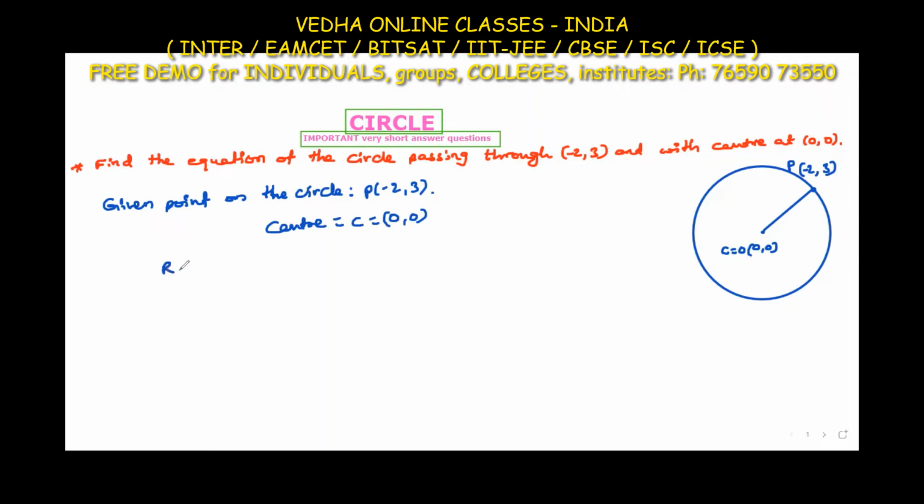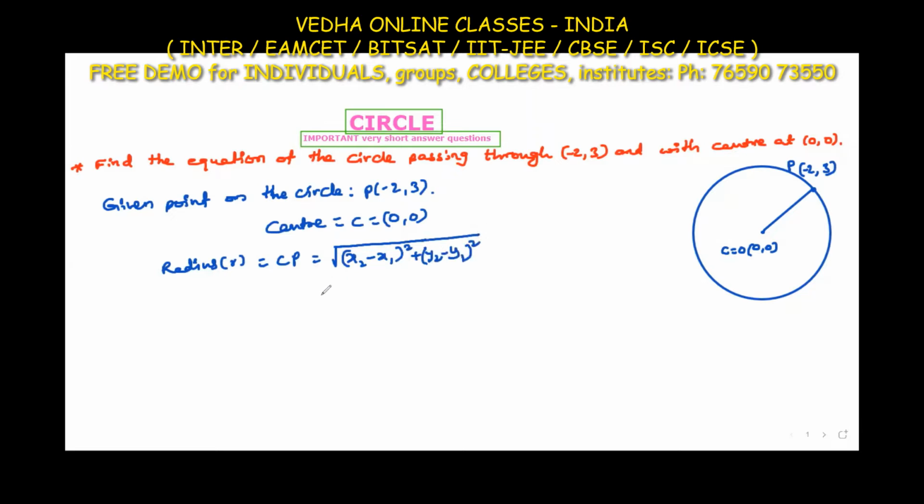The radius R of the circle is equal to the distance between the center and the point. CP distance is equal to radius here. CP is equal to under root of, what is the formula? When the origin is a point, then directly we can take either x square plus y square, or otherwise we can use the normal formula, x2 minus x1 whole square plus y2 minus y1 whole square.